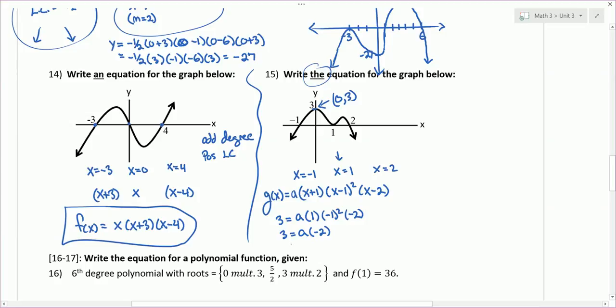Divide by negative 2, and you get 3 over negative 2 is equal to a. So now we can plug that back in for a and write g of x is negative 3 over 2 times x plus 1 times x minus 1 squared times x minus 2.